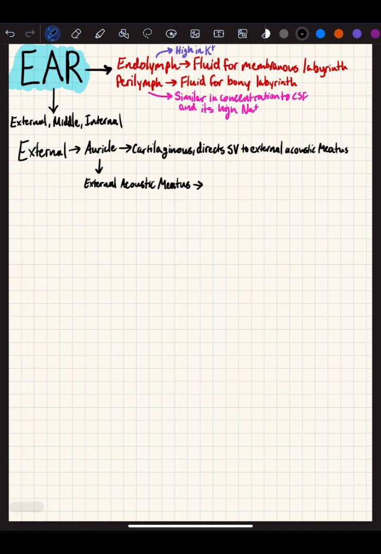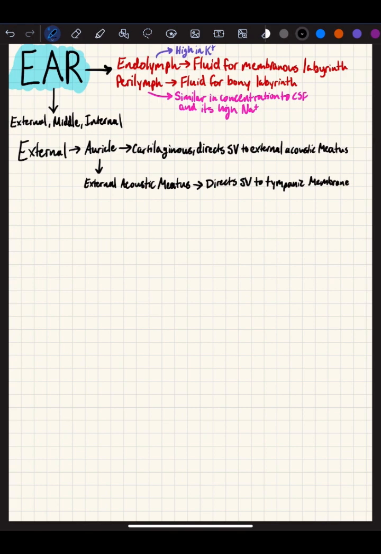It again directs the sound vibrations to the tympanic membrane, which is one of the things that the professor told us to specifically focus on.